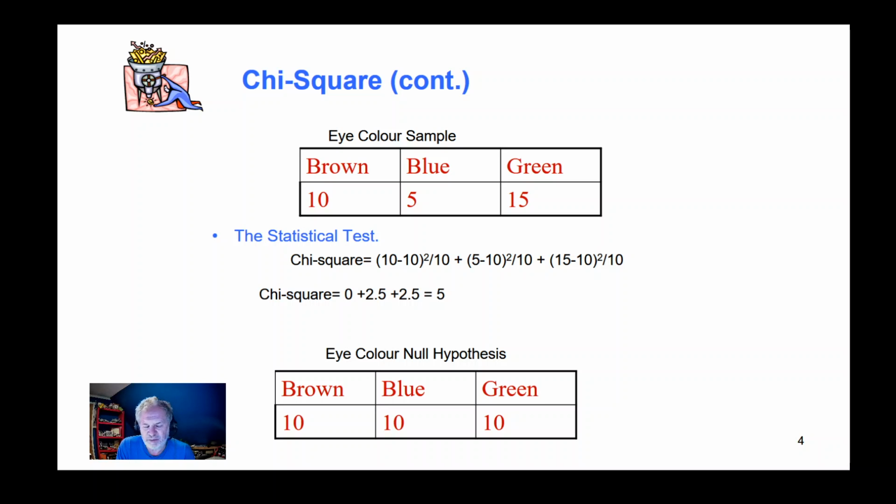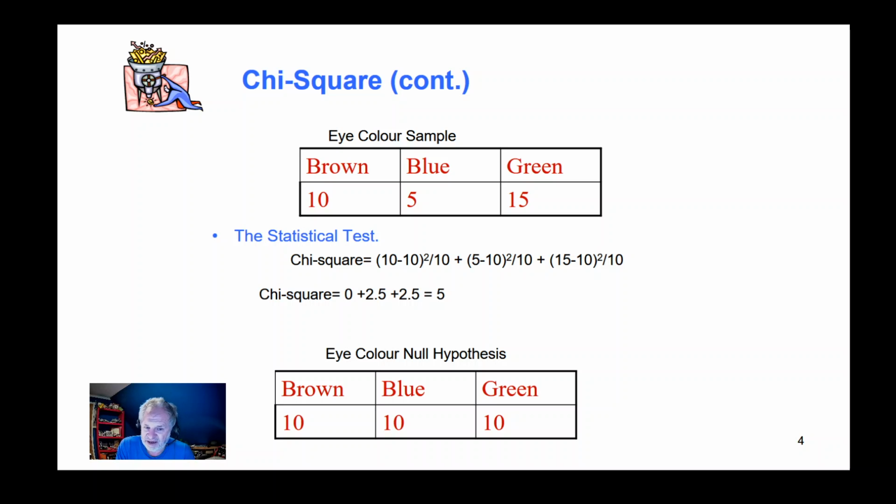For the blue-eyed people, I take the observed of 5, subtract from it the expected of 10, which is minus 5. I square that value, so minus 5 times minus 5 is 25. And I divide it by 10, the expected frequency. So 25 divided by 10 is 2.5.